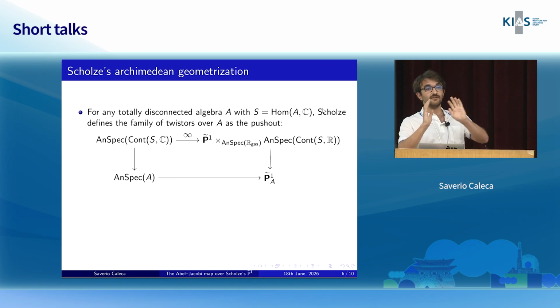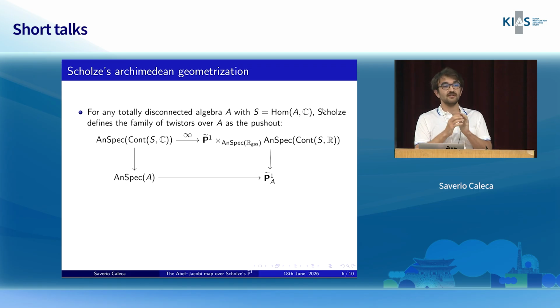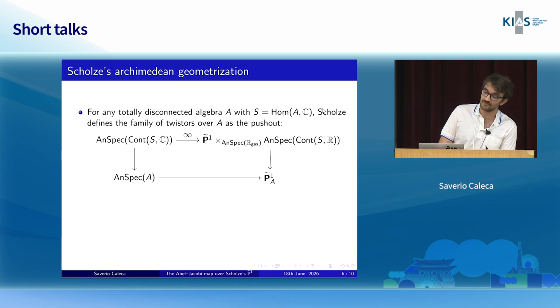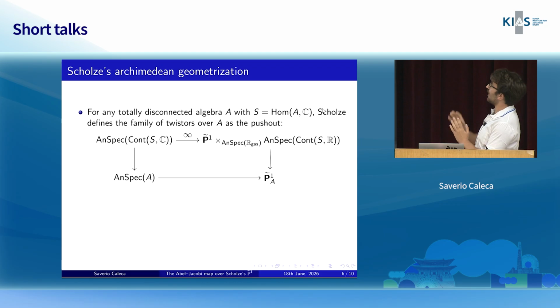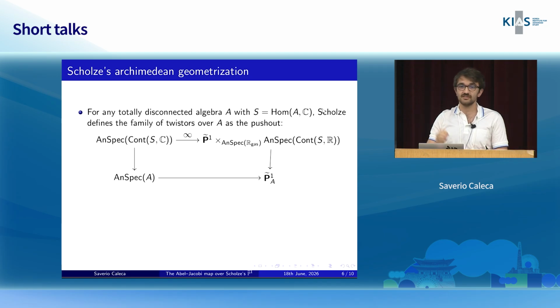So now this is the key definition given by Scholze, which is the definition of a family of twistors over a totally disconnected algebra A with underlying space S, which can also be seen as the space of the geometric points of A. So Scholze defines the family of twistors as the following pushout. On the upper left, we have the analytic spectrum of the continuous functions from S to C. This maps to a specified point of the twistor, which is the infinity point, meaning the point which descends from infinity from the projective line.